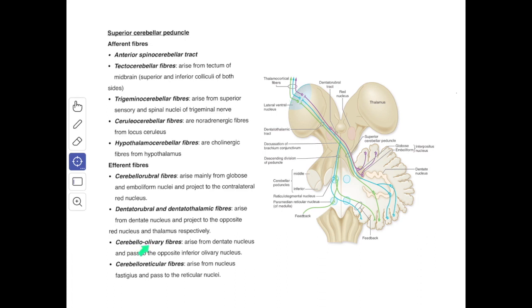Then you have the cerebello-olivary fibers which arise from the dentate nucleus and pass through the opposite side inferior olivary nucleus. Then you have the cerebello-reticular fibers which arise from the nucleus fastigius and they pass through the reticular nuclei.